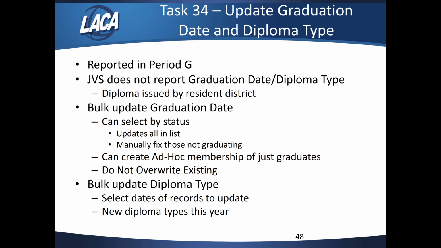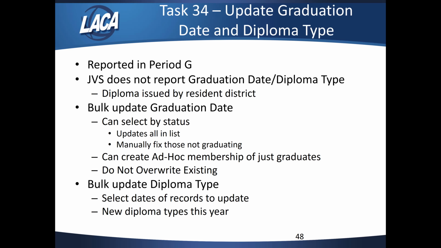Do not overwrite existing. So if you have someone who you have already withdrawn as a graduate and entered a graduation date because they completed and received, maybe they were a last year's non-grad and they finished up in November, or they graduated at the end of first semester and you put in their graduation date at that point, you don't want to overwrite what's there.